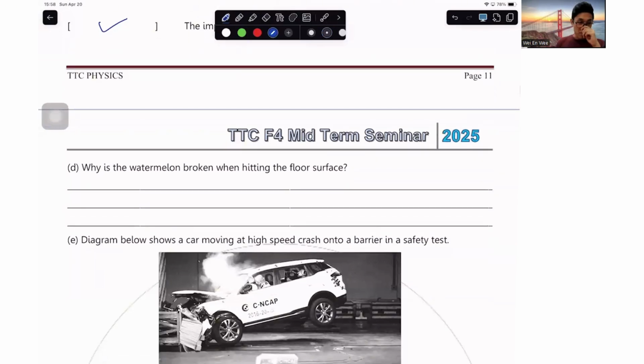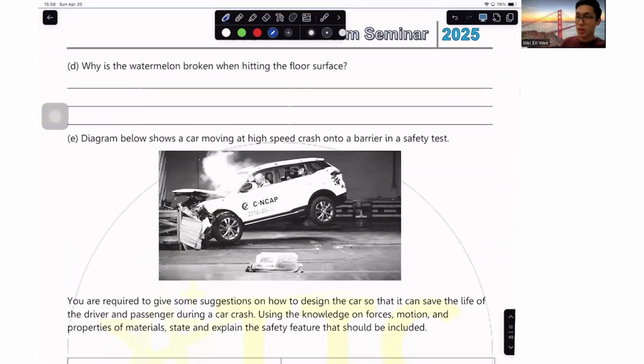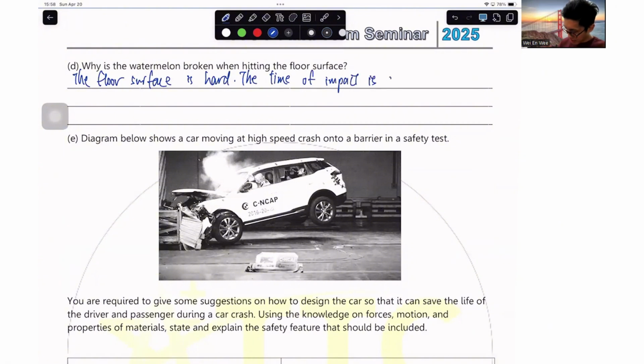So why did the watermelon break when hitting the floor surface? It's because the floor surface is hard, right? So you say the time of impact is short, right? The time of impact is short.